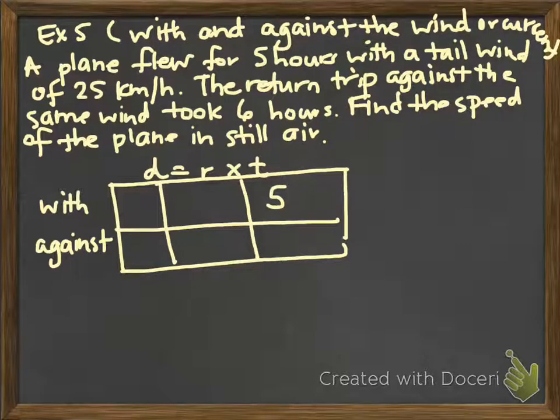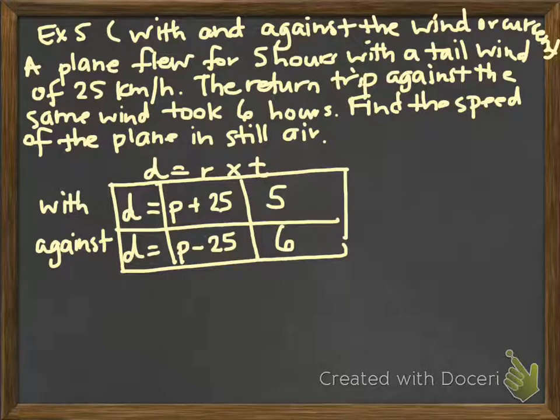That's the time. And against the wind, it took 6 hours. Okay, now we have the plane plus the wind, which is 25. And then we have the plane against the wind, and the wind is 25. And the distance, we don't know.